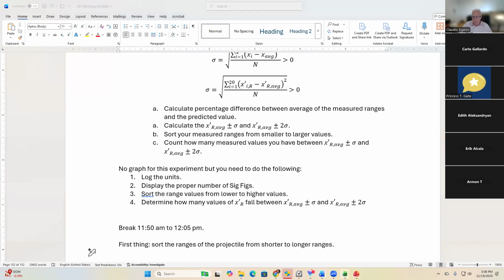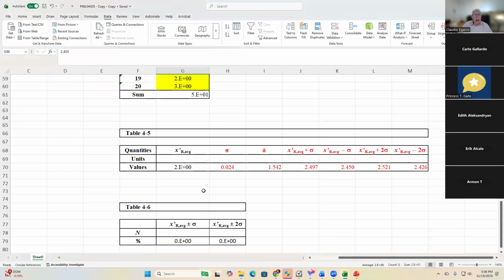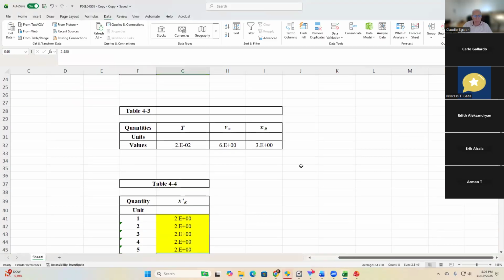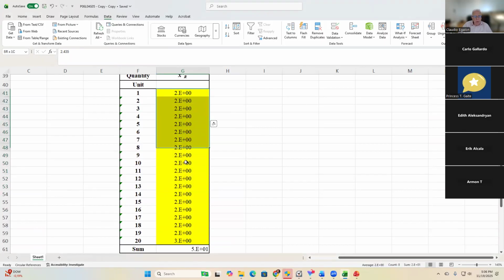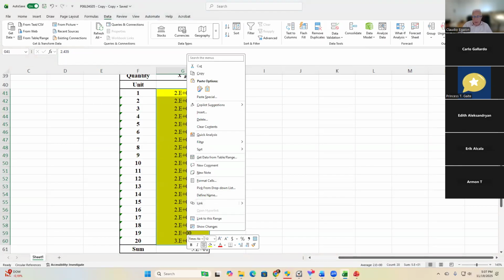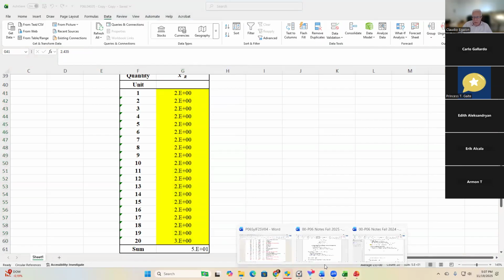So I'm gonna do that for you again. But I suggest that before you do the sorting, put those values here in numeric format, right? Here you go. So let me correct that first.